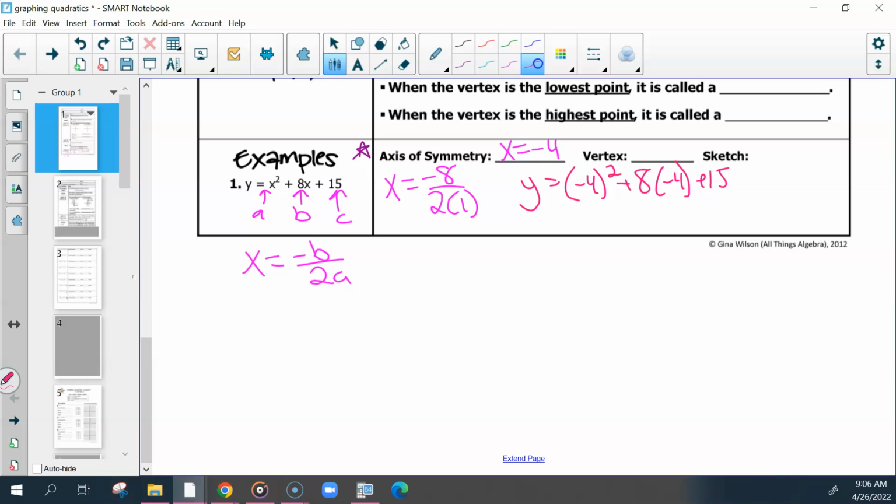Say that again. So we all got? So you would write your vertex as an ordered pair, starting with your x value, -4, and then your y value, -1. Now, the rough sketch part is really just that.